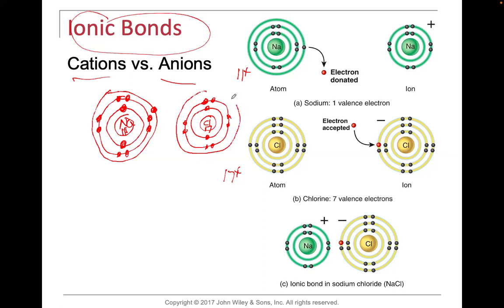We already got 10, so let's add 7 more: 10, 11, 12, 13, 14, 15, 16, 17. Unpaired. There's nothing here pairing with it. And does it meet the octet rule? The octet rule tells us there needs to be at least 8 in the outer shell. There's only 1, 2, 3, 4, 5, 6, 7.